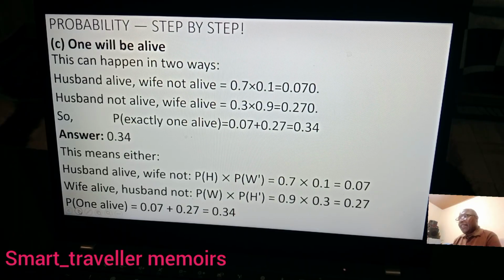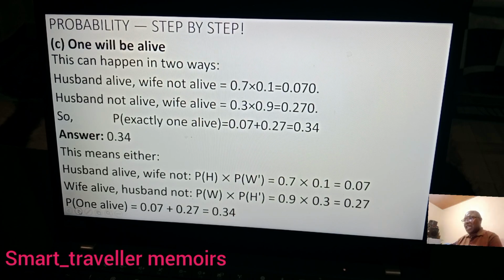This means either husband alive, wife not. So in probability, you say PH times P not wife is equal to 0.7 times 0.1, which is equal to 0.07.